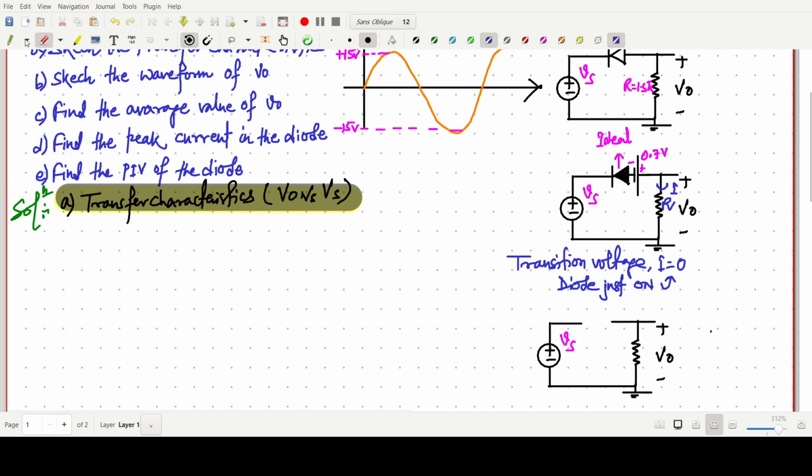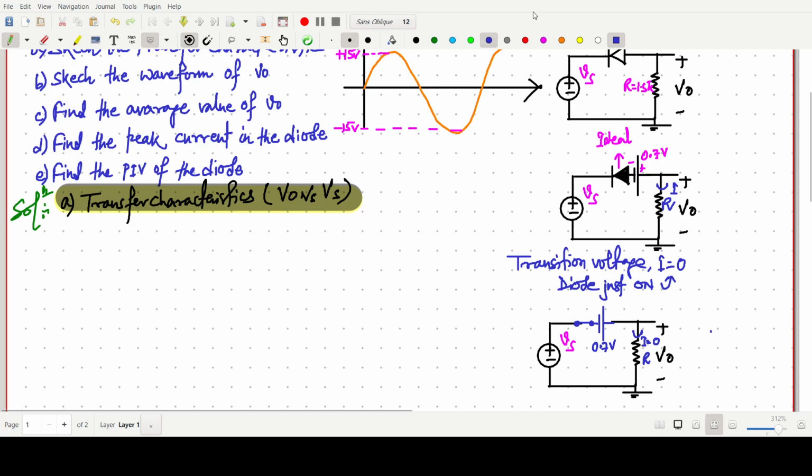The diode is just on. We have assumed that for some voltage Vs, the diode is just on. We don't know exactly what the voltage is, but during that time the current I across the 1.5 k resistance will be 0.